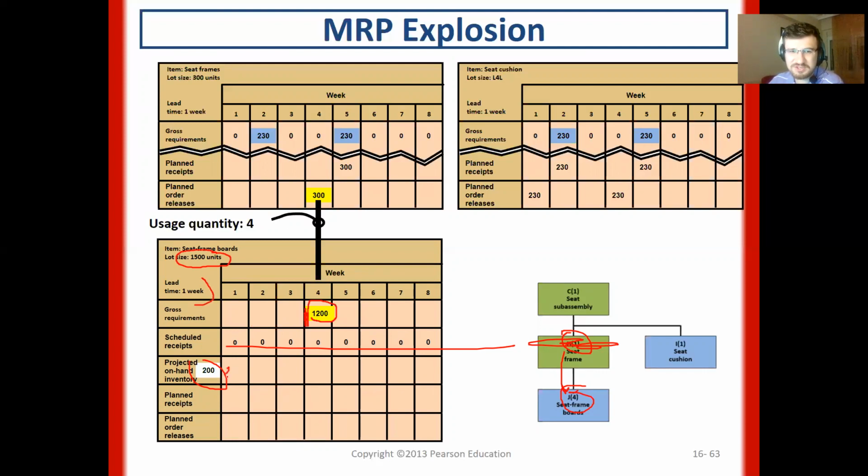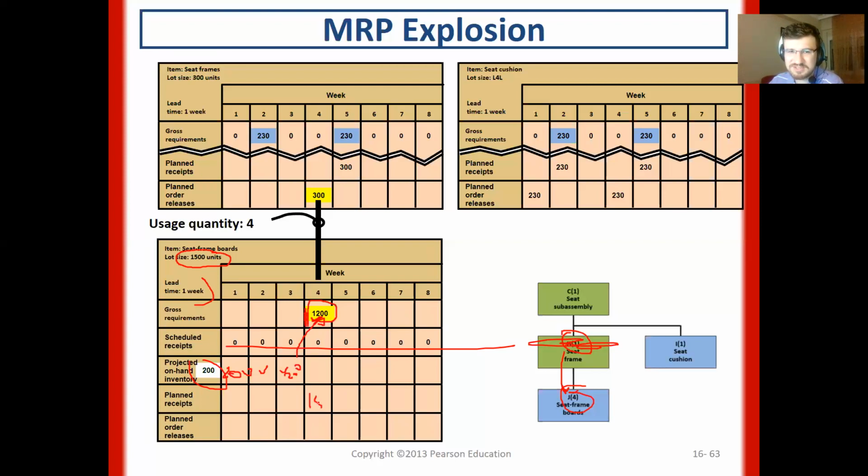So 200 units on hand will be at this point. However, this 200 is not enough to meet this demand. Then the order should be received right here.